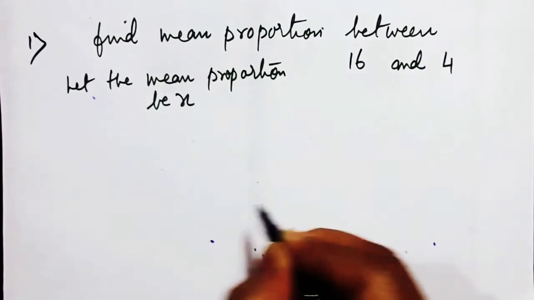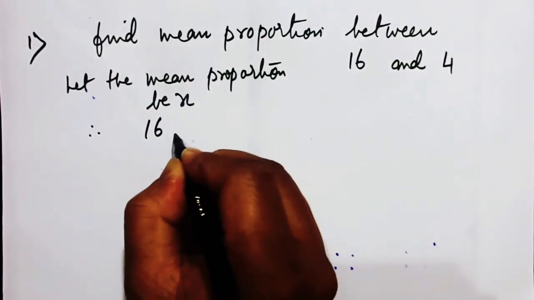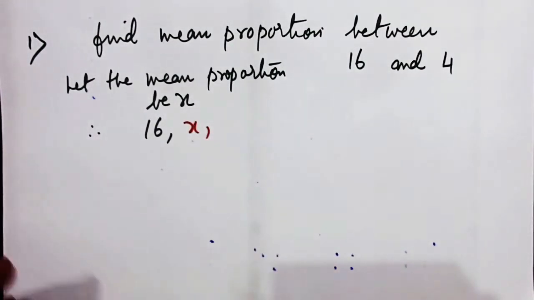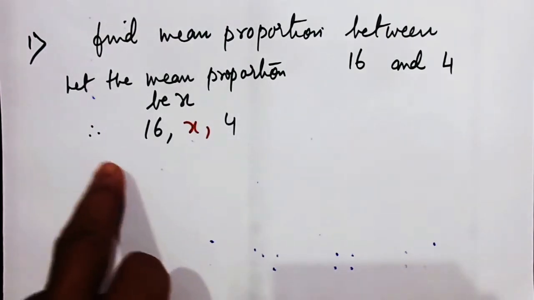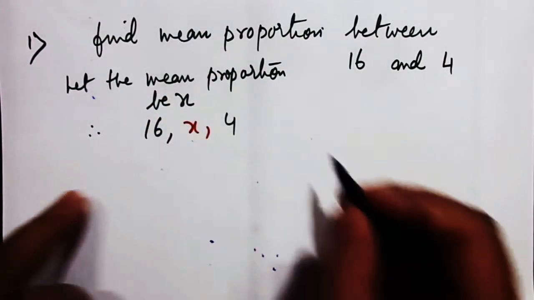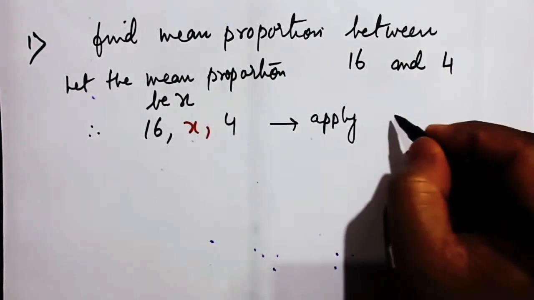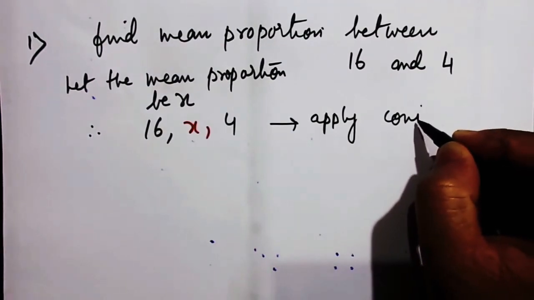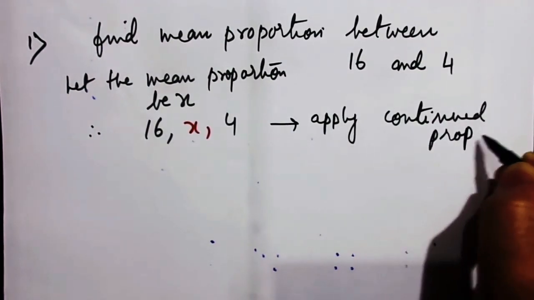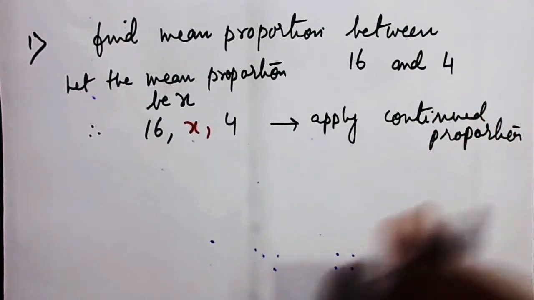So let the mean proportion be x. Therefore, we have numbers 16, x and 4. Now, once you have taken the middle number, you have to apply continued proportion.